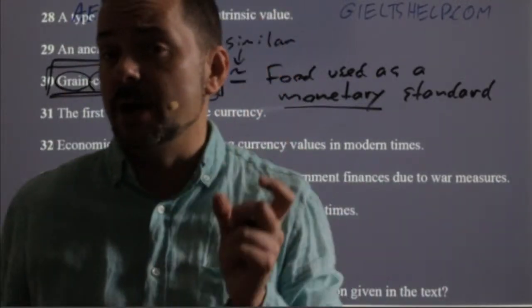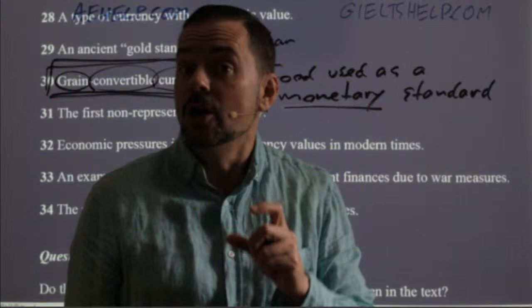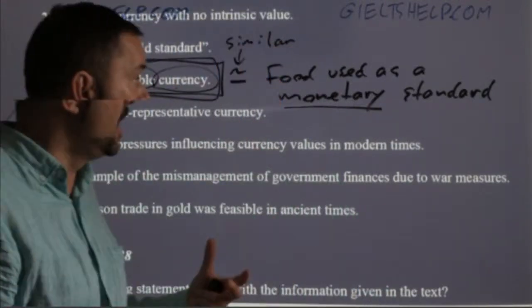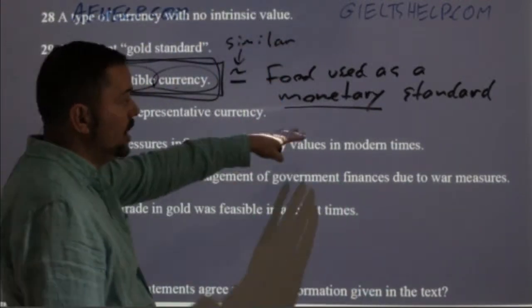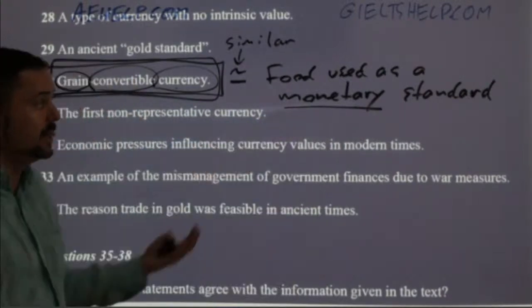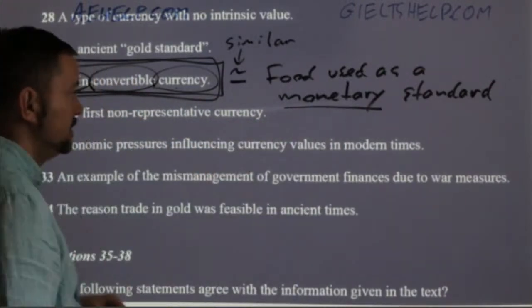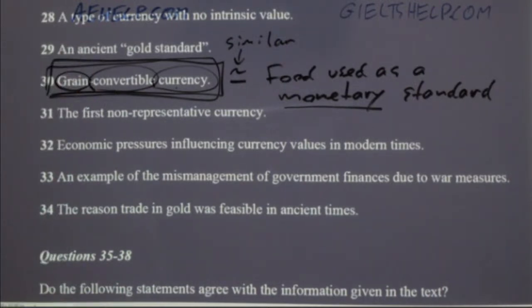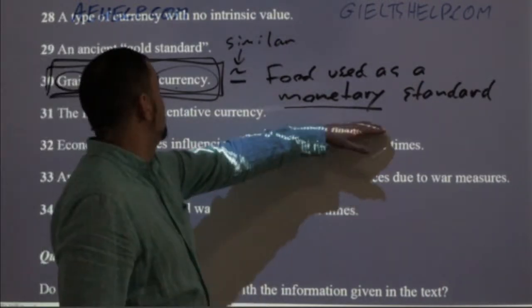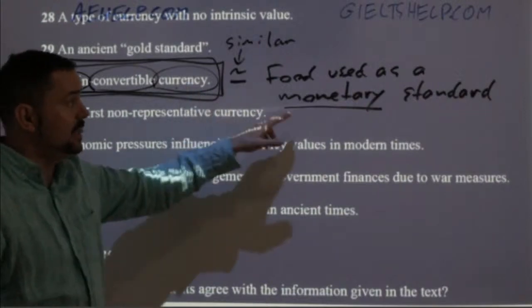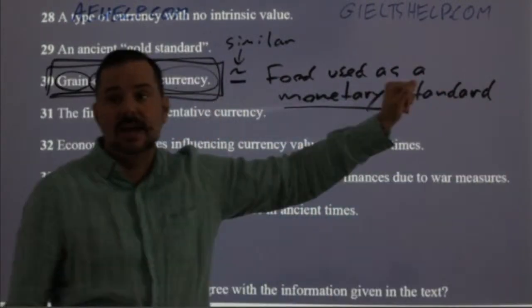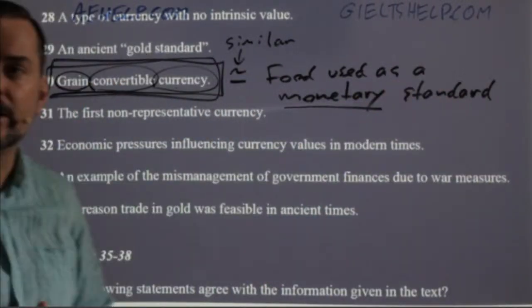So I'm thinking money, monetary, credit card, and a lot of other types of words that we equate to the word currency or money. Okay, cash, dollar, etc. All right. So here I would go food used as a monetary standard because a currency, in another way, is a monetary standard. Okay? All right.